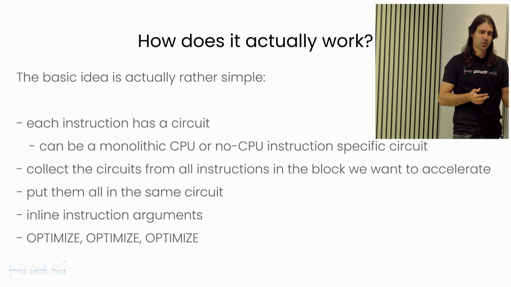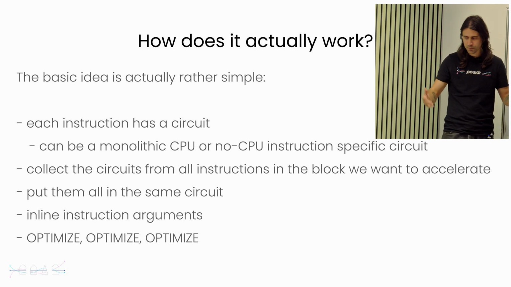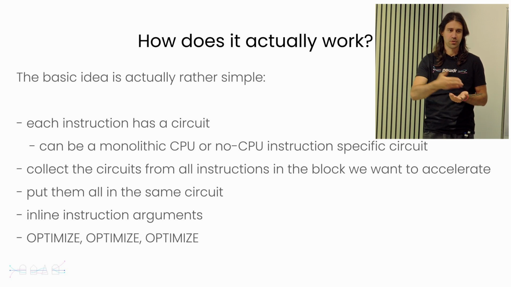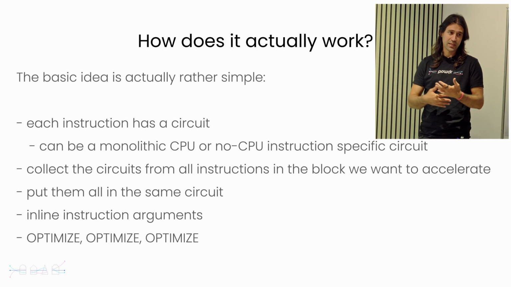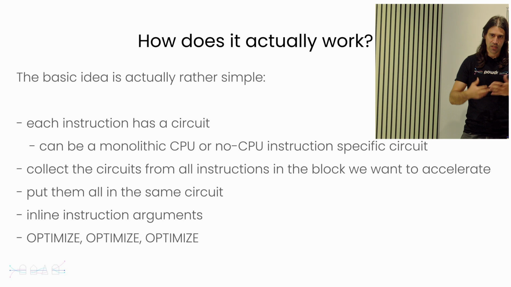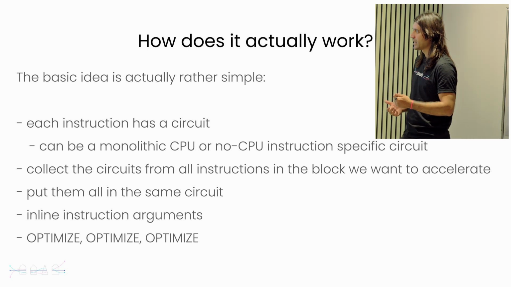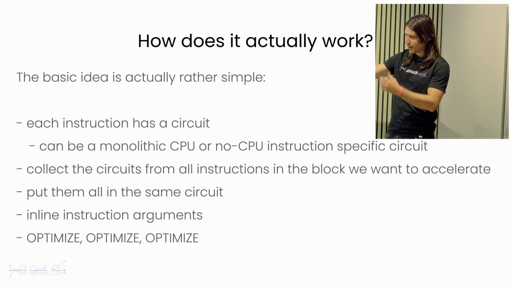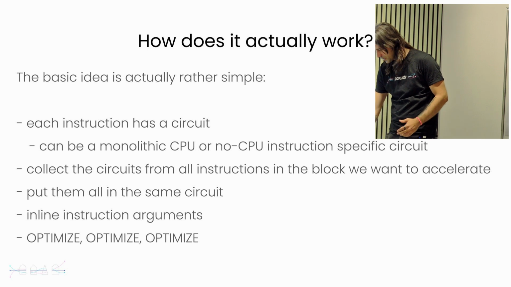So you'd say XOR of the specific registers 5 and 6 needs to go to register 7, for example, which in RISC-V are numbered from 0 to 31. So when you know this, you know the source location of a lot of the computation. You can inline these things in the circuits, and then this inlining propagates a lot of different optimizations that we can make. And yeah, after doing this, you just optimize the whole thing, and you get good numbers.